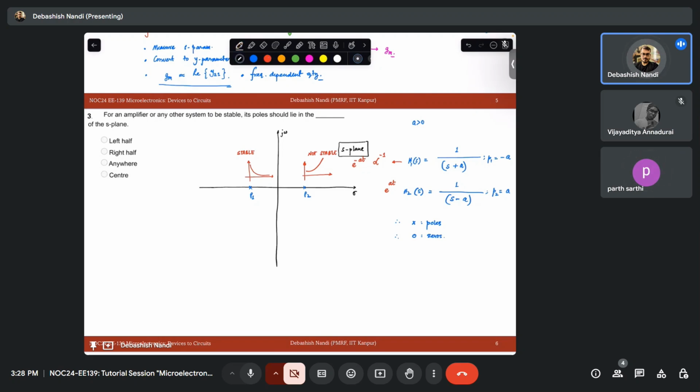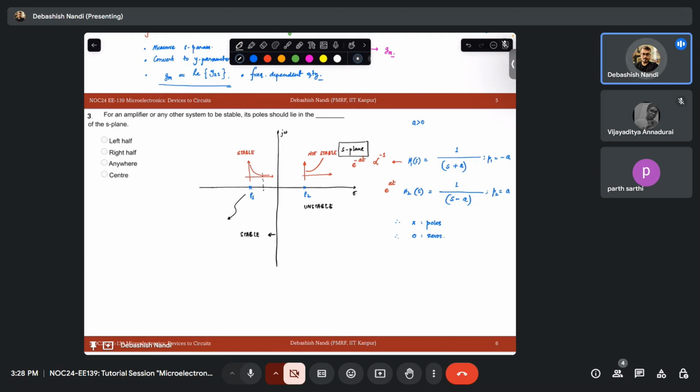By the way, let's say we are discussing only P1. So this part is unstable and this part is stable.